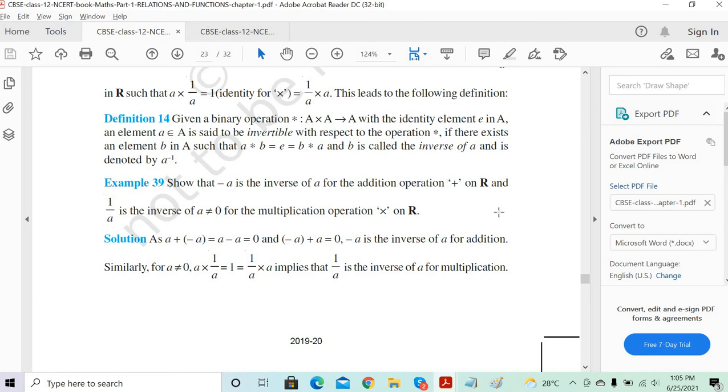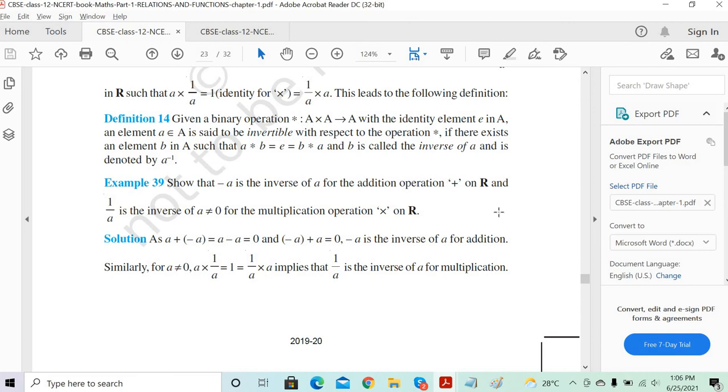So when you do the plus operation, a plus 0 is equal to a only. Now he says there exists another element called b, so that a plus b should be equal to 0.